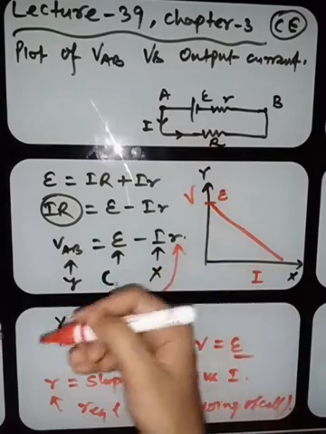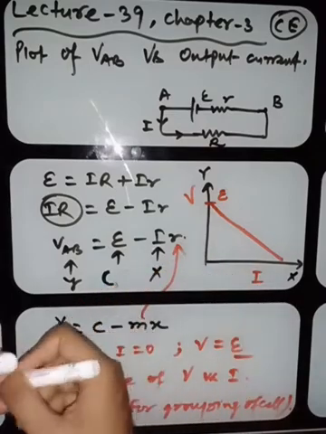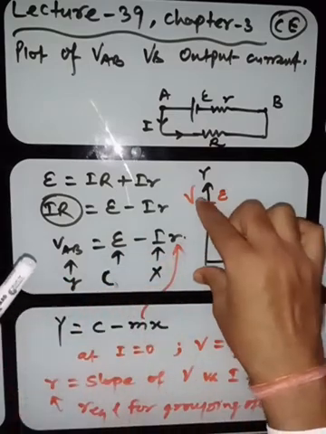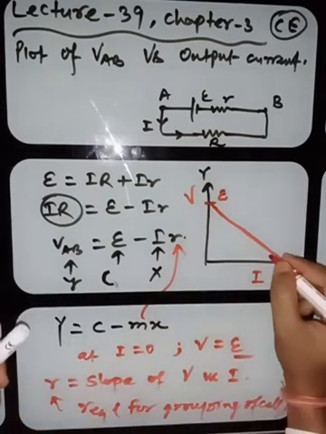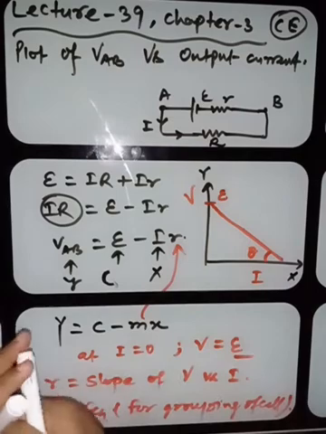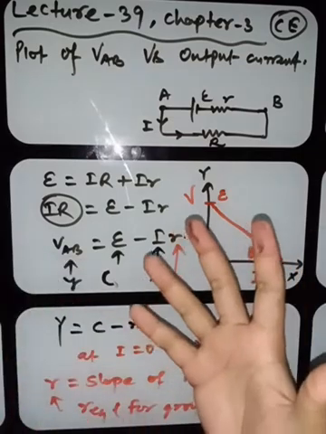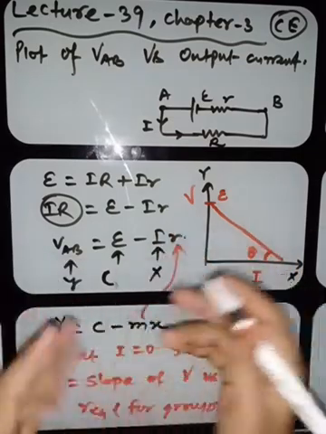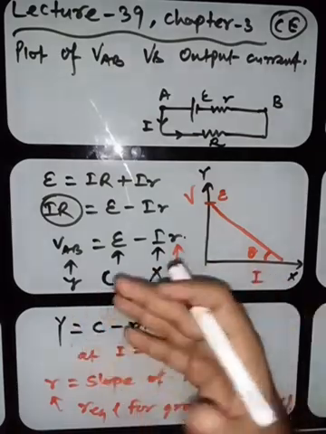It is not very tough. Tan theta is perpendicular by base, and it will give you the slope. In this way you can find the internal resistance and EMF of a cell.